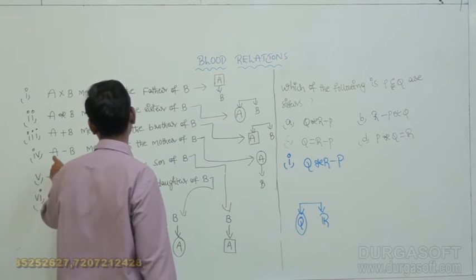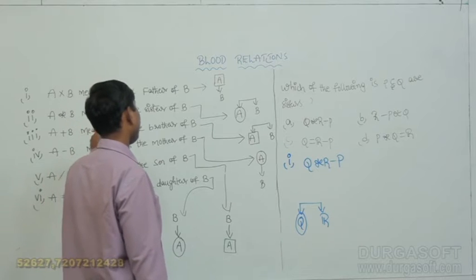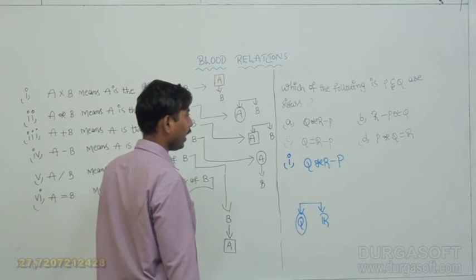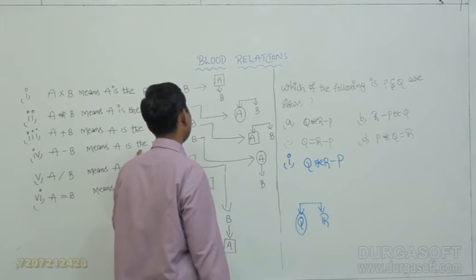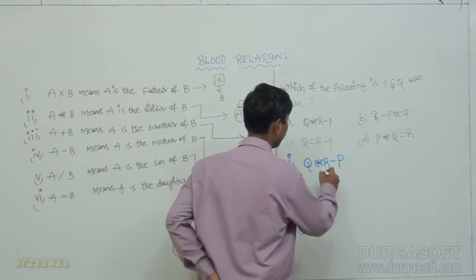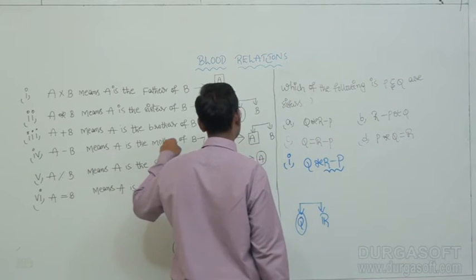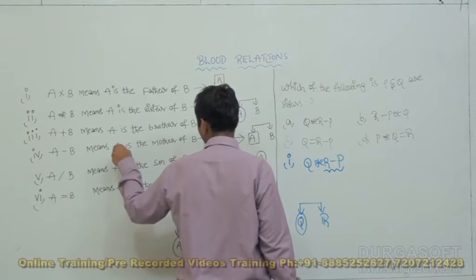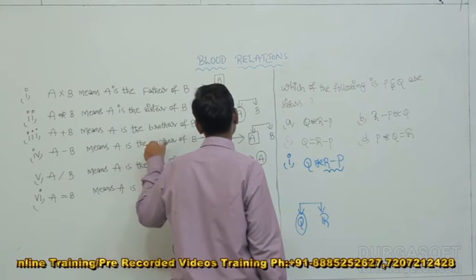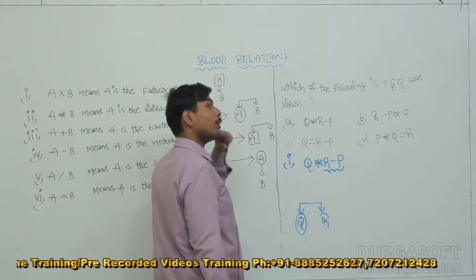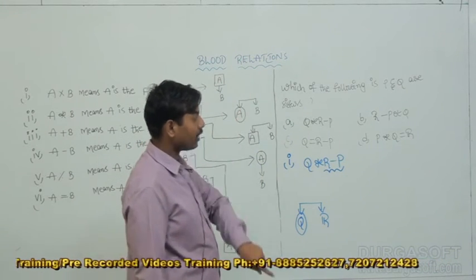Next one, A minus B. A minus B means A is the mother of B. Now we have to look at R minus P. A is the mother of B means A is in the previous generation and B is in the next generation.